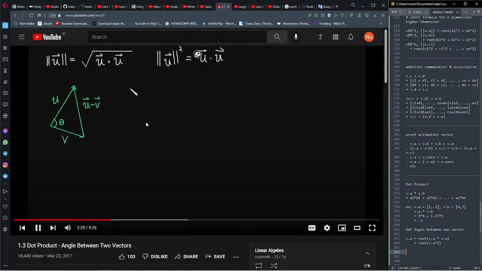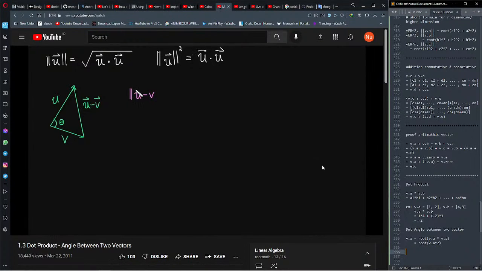So the law of cosines tells us that the length of the side we're trying to find, u minus v, so this is going all the way back to your geometry class, and you can look up the law of cosines if you don't remember it, but that length squared is equal to the length of u squared, plus the length of v squared, minus the length of u times the length of v.